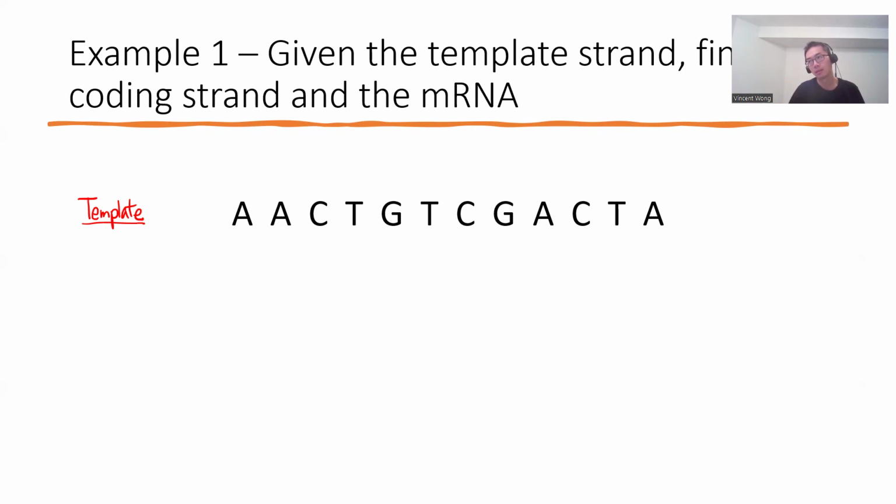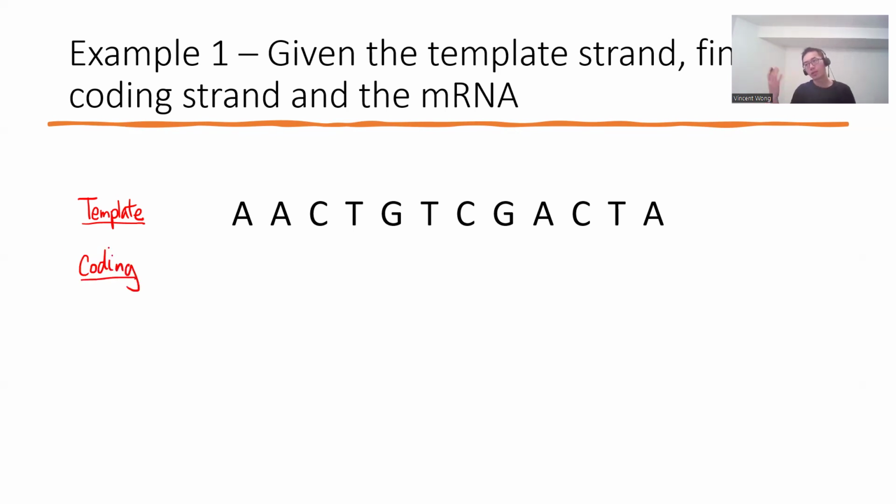Does this contain the instruction to make the protein? No, this is just a template. This is like the mold of the coin. It's backwards, it's useless. It doesn't have any value to it, right?